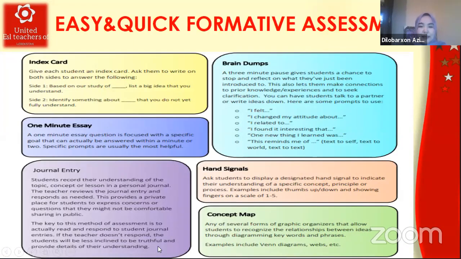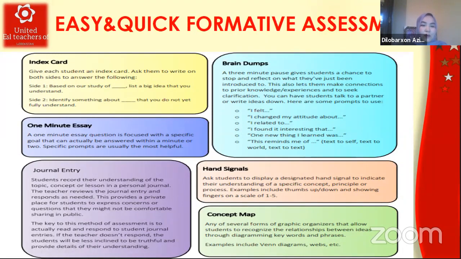In the next slide, I have provided some information about quick and easy formative assessment strategies which you can apply in your own classroom as well. So firstly, we have index card assessment. It's very helpful and at the same time very easy to apply in your classroom. For this one, students will need a card where they will write one thing on one side and one thing on the other side.